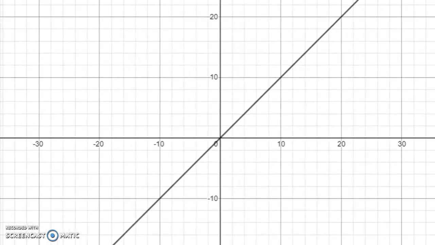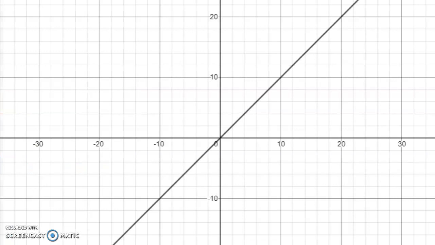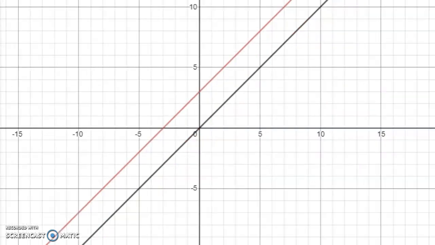So, we've got this graphed. That's your basic parent function, f of x equals x. When we do x plus 3, whoops, I don't want to zoom out, I want to zoom in.